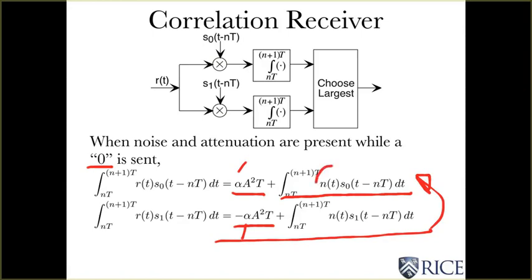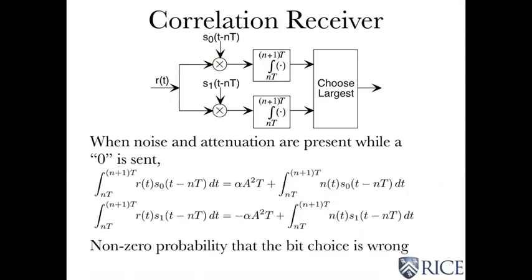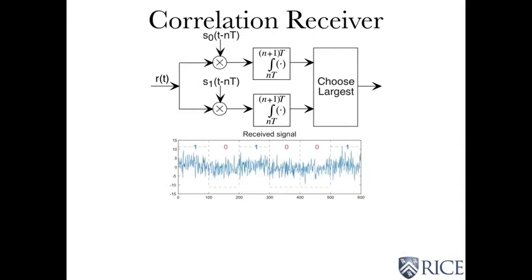So it's because of the noise that errors are created. And so there is a non-zero probability that the bit choice is wrong when we have noise, and the attenuation doesn't help one bit. It makes it worse. So how do we figure out that probability? We're going to figure that out in a second.